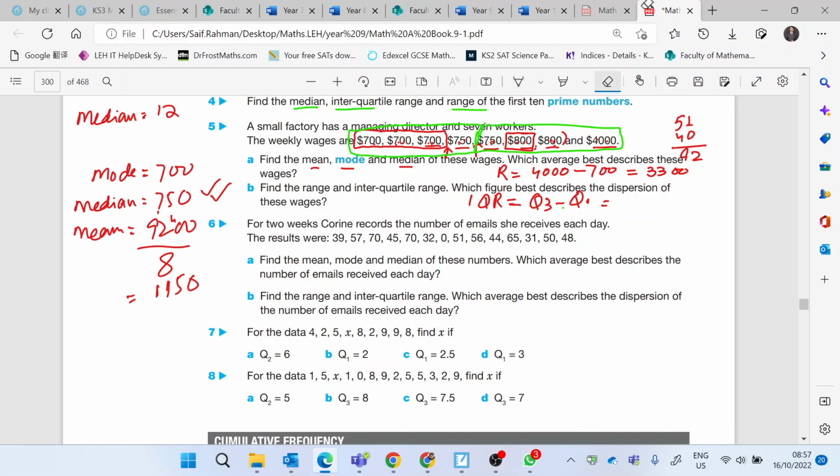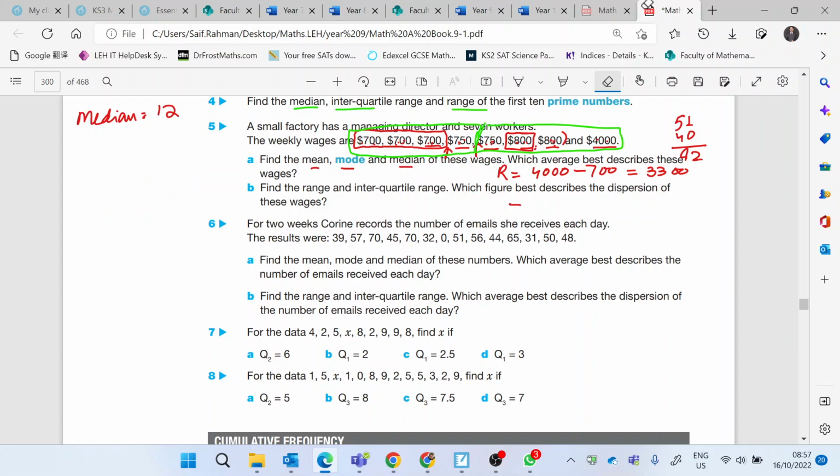So now let's go to the next type of questions. For 2 weeks, Courtney records the number of emails she receives each day. These are the results.